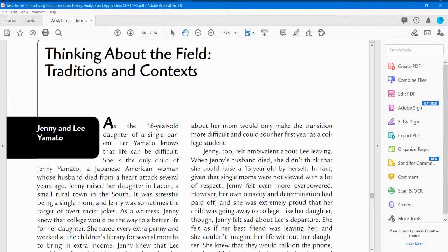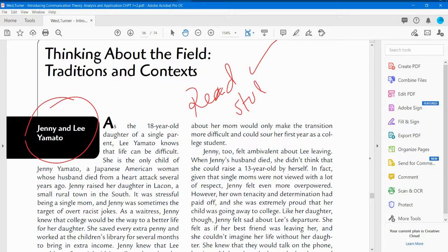So these examples, like the story about Jenny and Lee Yamato, you can read, but you don't need to study it. Okay, just making sure.